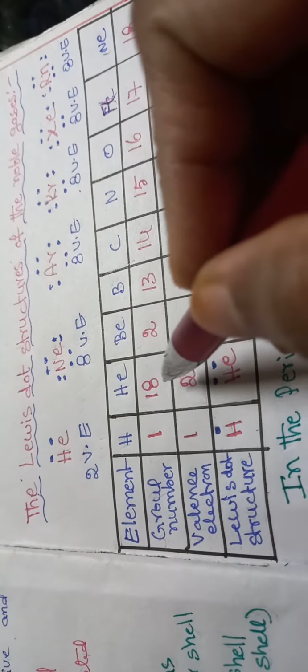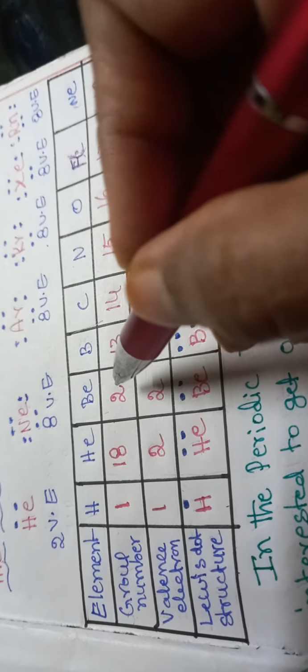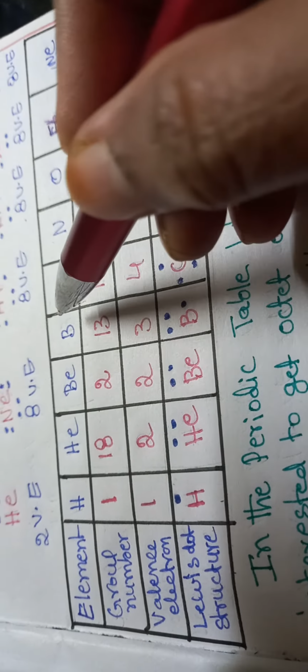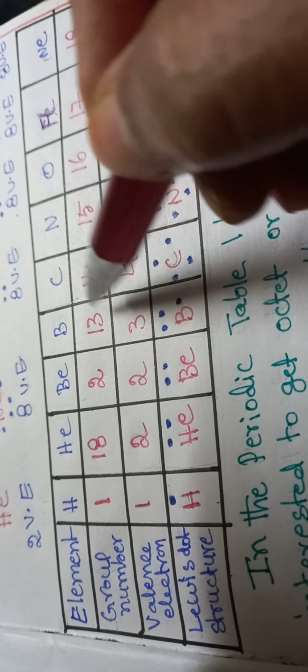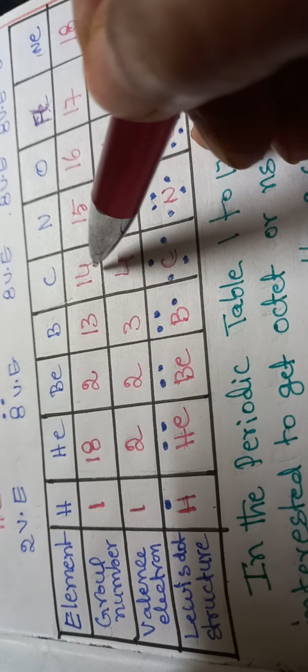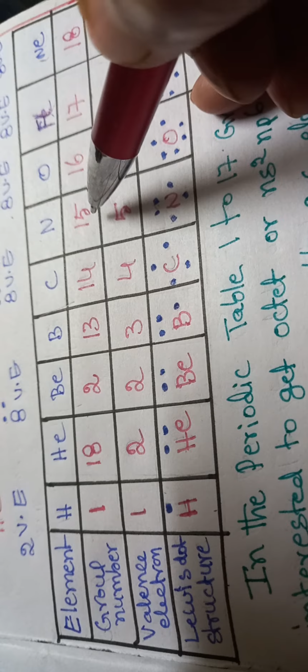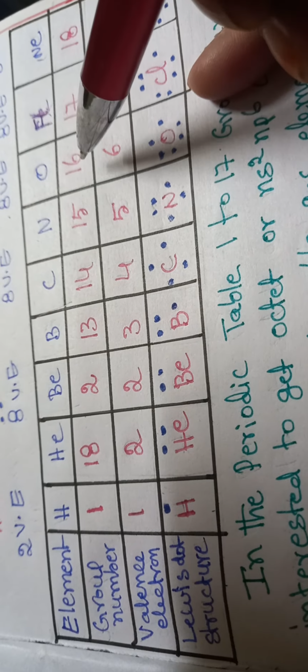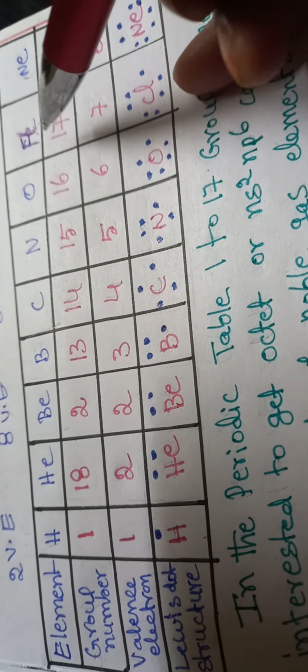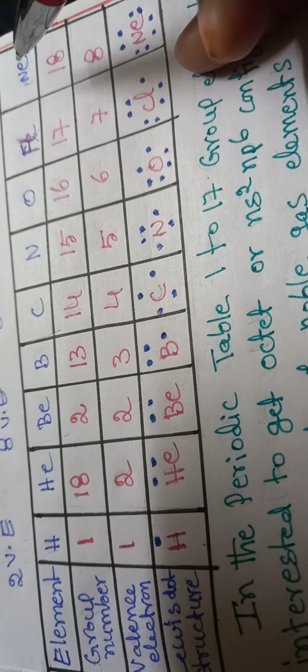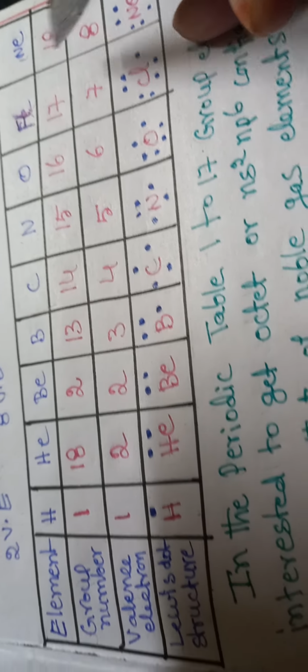Hydrogen group number is 1, helium 18, beryllium 2, boron 13, carbon 14, nitrogen 15, oxygen 16, fluorine 17, neon 18.